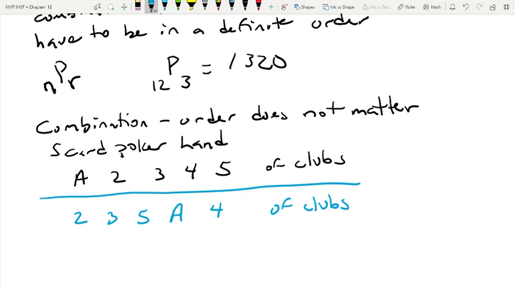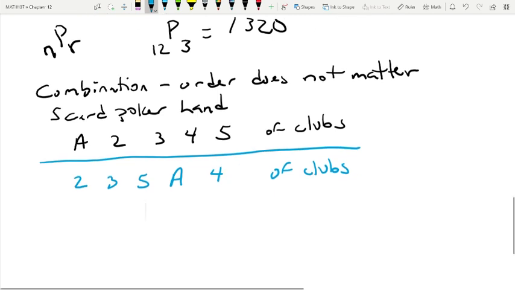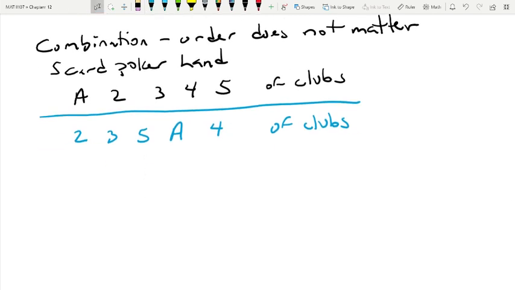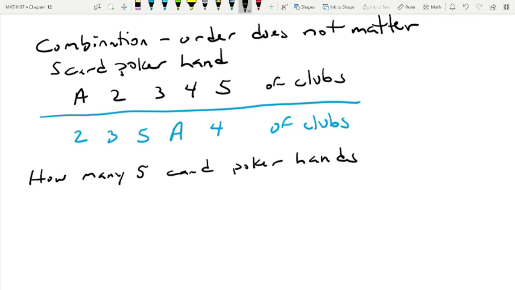And so those two would be the same hand. And so in combination, order does not matter. And so you get to the question, and that is how many 5-card poker hands can be dealt from a standard deck of cards.